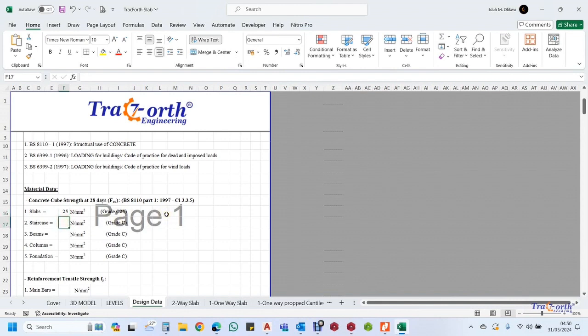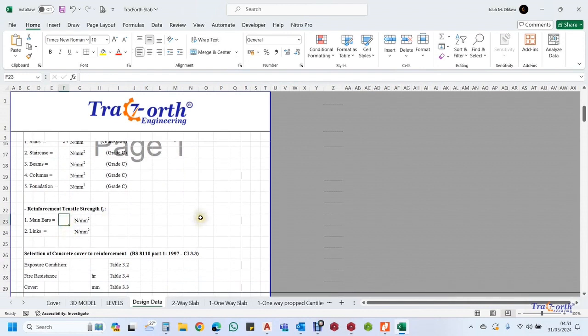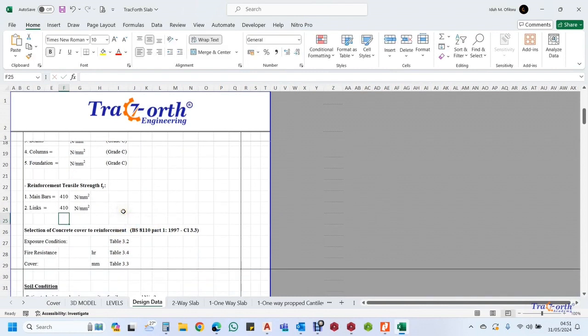So, since we are not going to be dealing with staircase here, we are going to leave it at the 25. Then for reinforcement, in Nigeria we have it as 410, even though you have some products that are even more than 500, and some codes allow for more than 500.